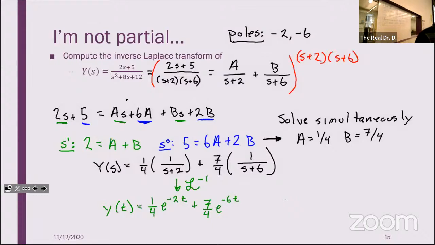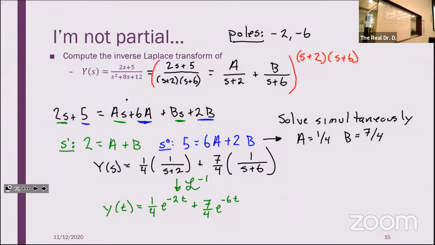So that 2s plus 5, remember, we're making everything equivalent. If we start off the way that we've done this, we factor our denominator, then I multiply everything by the denominator and get rid of it. So I'm left with 2s plus 5 is equal to As plus 6A plus Bs plus 2B. Based off of my input, which is approximately 2s plus 5, these are the values that I need to associate with my roots.